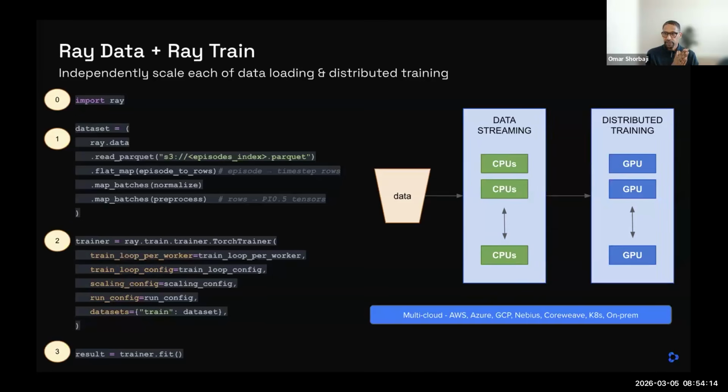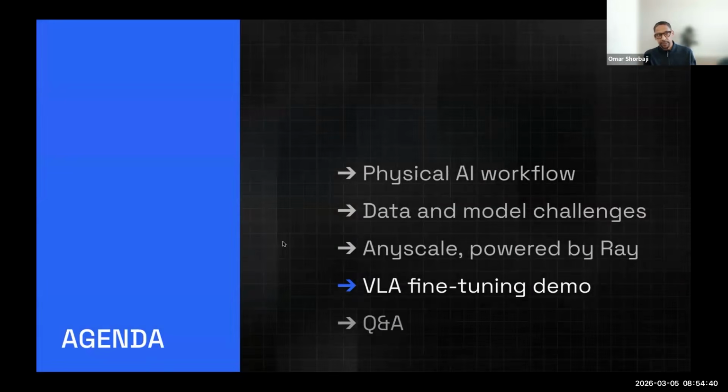So the training code is sent over to the GPUs or the GPU nodes, and the pre-processing is sent to CPUs and CPU nodes. And all of this is going to run in your cloud, in your choice of environment, whether it's the hyperscalers, neo clouds, or even your on-prem environments. And Ray makes this possible because it connects code on the left to infrastructure on the right.